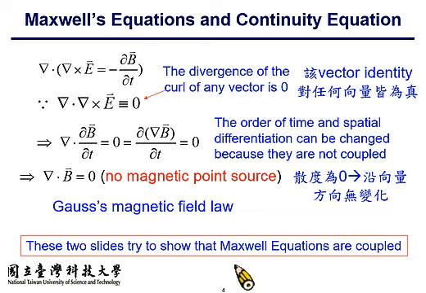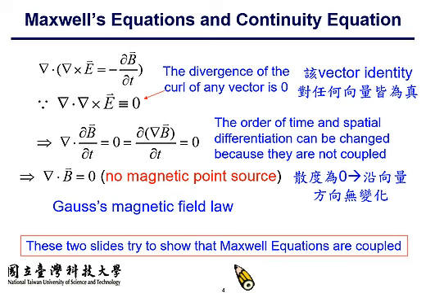So here we would like to try to show that the Maxwell equations are coupled. Because some physicists say, well, I can write the Maxwell equations in just one equation. When we study Maxwell equations in textbooks, we see 4 Maxwell equations: Faraday's law, Ampere-Maxwell law, Gauss's law of the electrical field, and Gauss's law of the magnetic field.